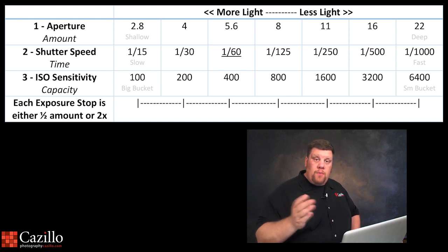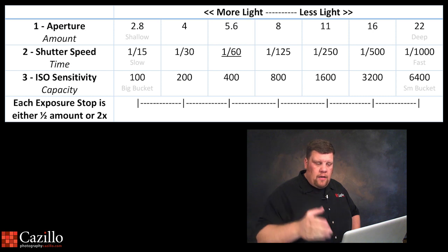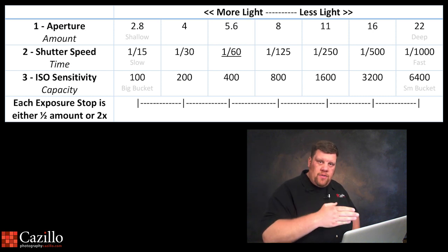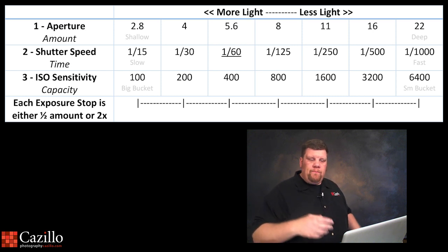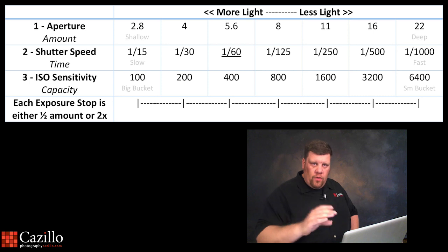So we're overexposing by 2 stops. We don't want to change our shutter speed, so the easy thing to do is just change our ISO and adjust it down by 2 stops. Go from 800 down to 200, and then we still have a nice normal exposure. Our bucket is full to the brim. We don't have to worry about underexposure. It looks good. It's got plenty of light, plenty of color, and we still get that equal amount.